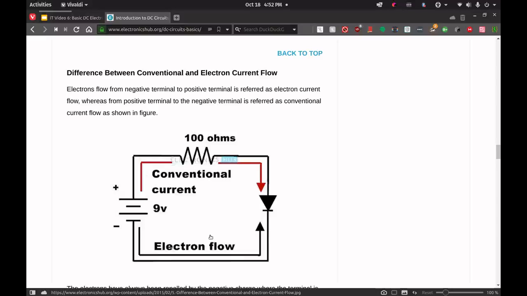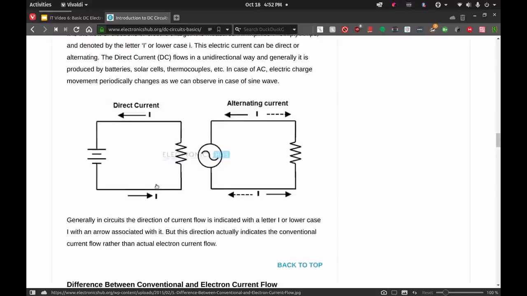If you're talking to an electrical engineer or an electrician, they'll talk about conventional current coming from the positive side. It doesn't matter in your calculations. It's just a convention of how those currents are demonstrated.